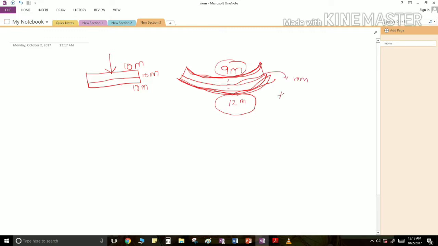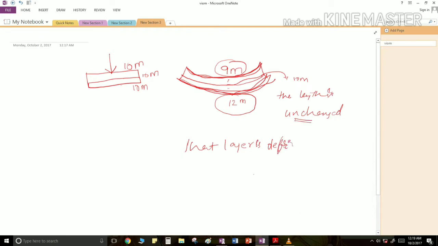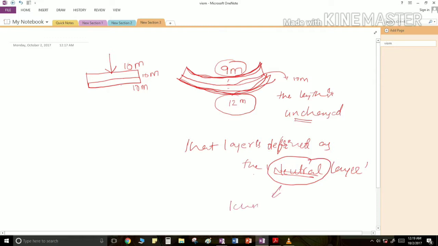So this layer where the length is unchanged is defined as the neutral layer.